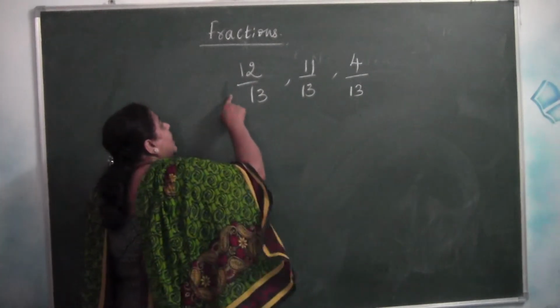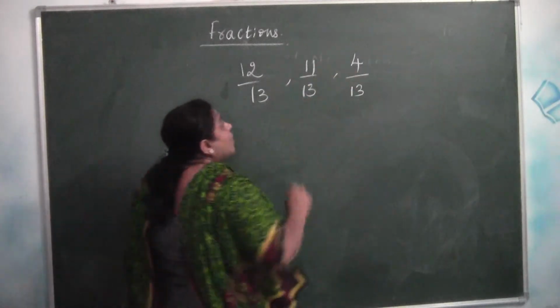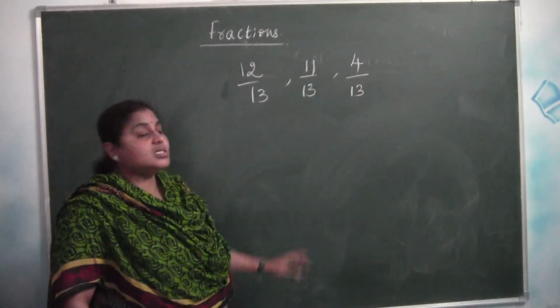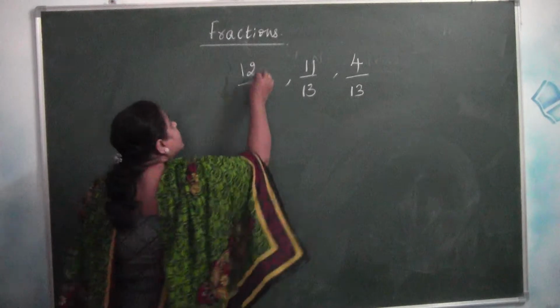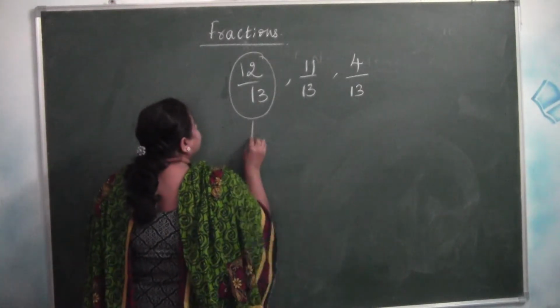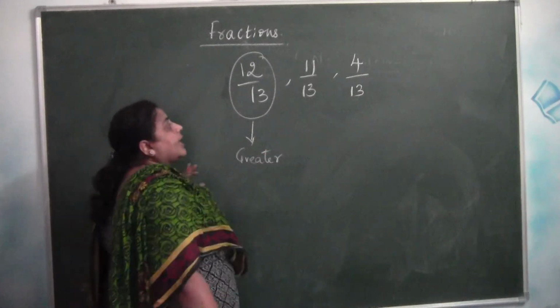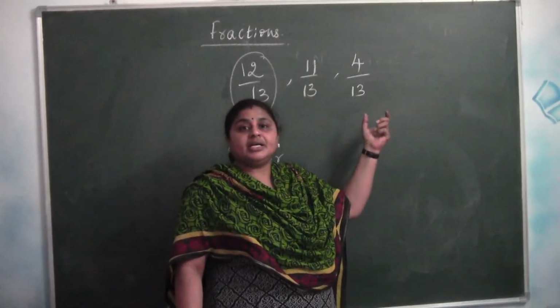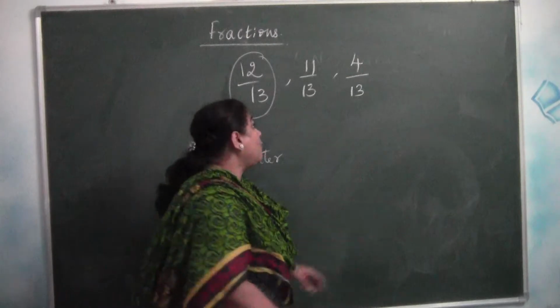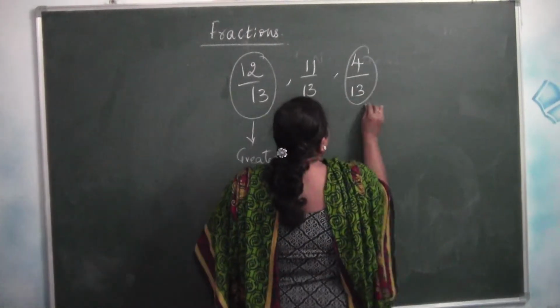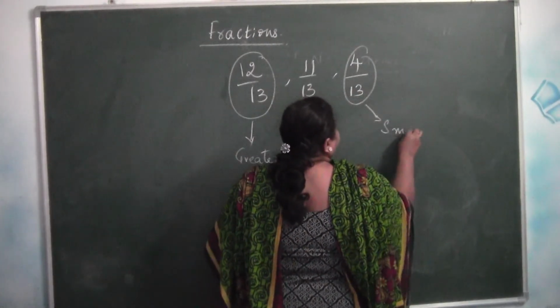Now see, 12, 11 and 4. Which one is the greatest number in this? 12. It means 12 by 13 is the greatest fraction. Alright, now which is the smallest number in this? 4. So 4 by 13 is the smallest fraction.